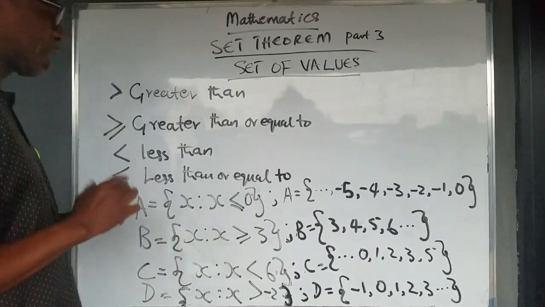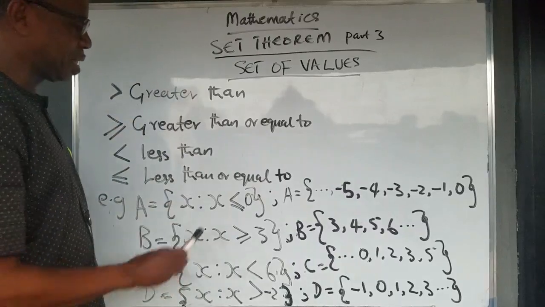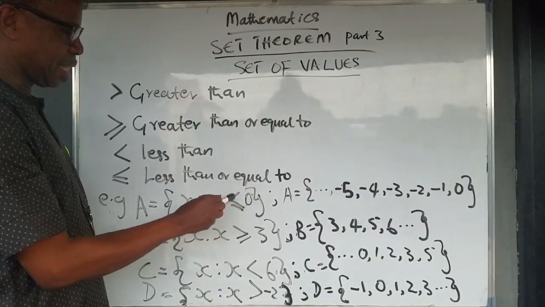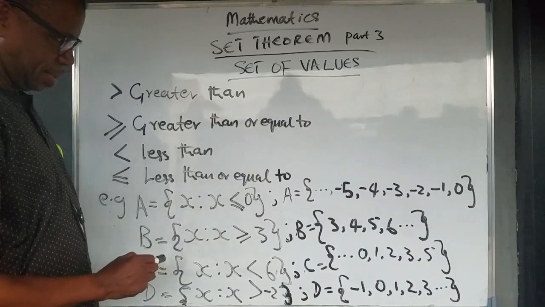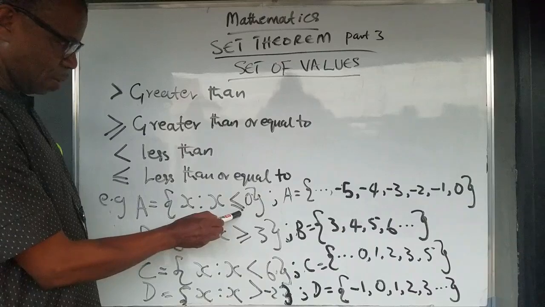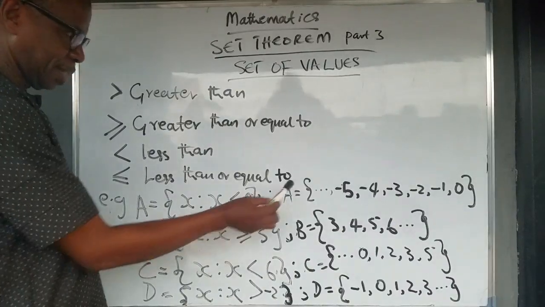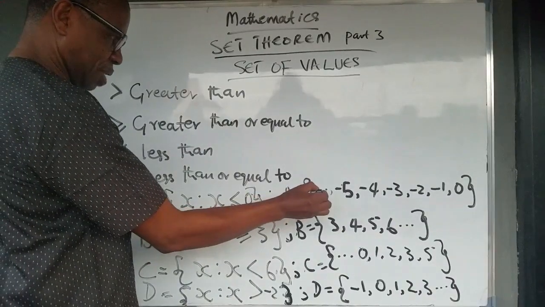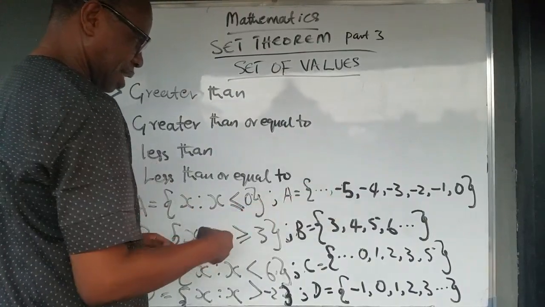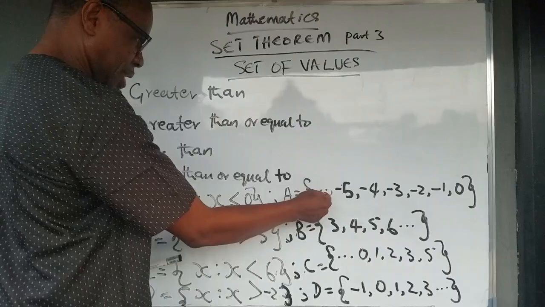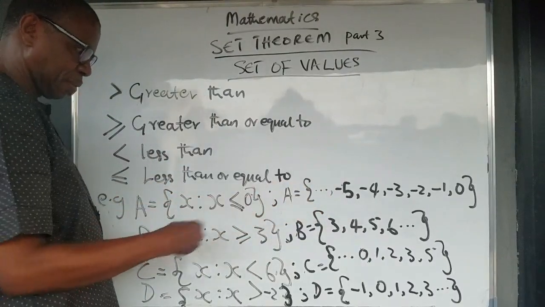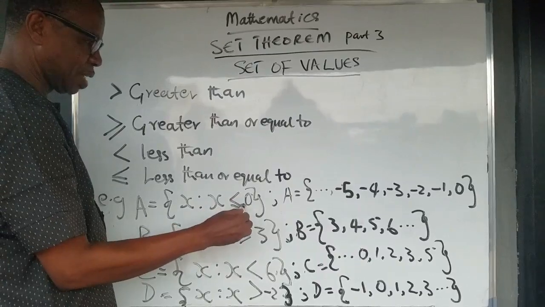Now, I want to note one key thing. The moment you see less than or equal to, there will be a dotted line on this side, showing that values that are coming down to the minus side are supposed to be there.